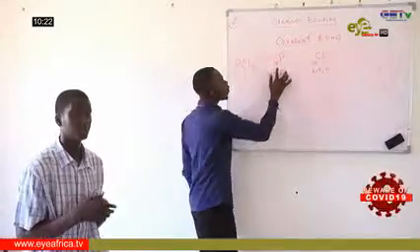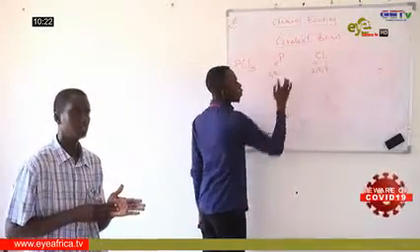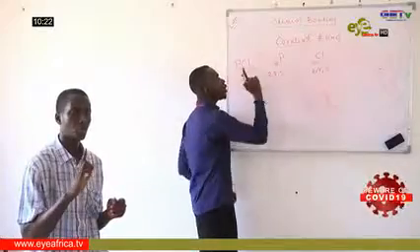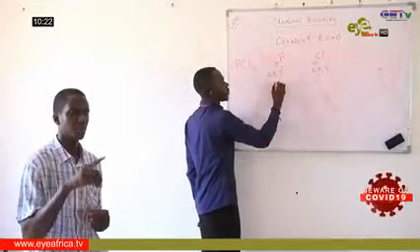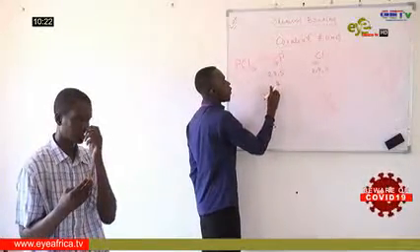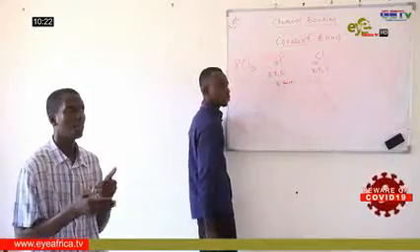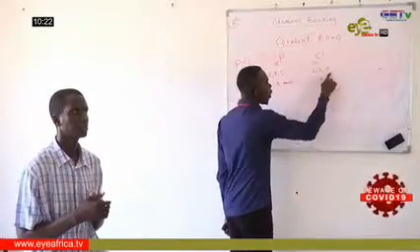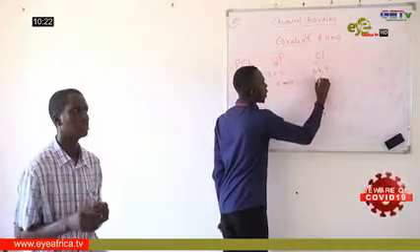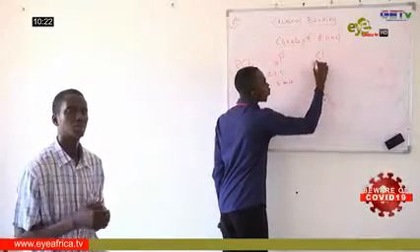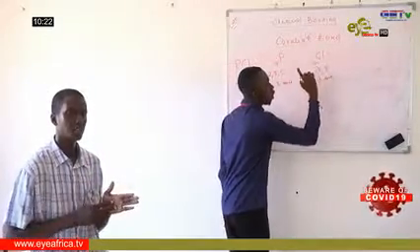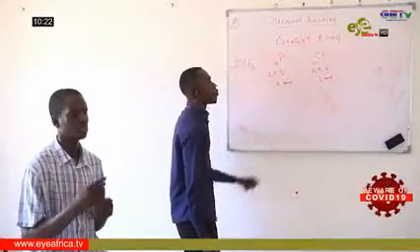So, phosphorus needs to bond with chlorine. The valency of phosphorus is 3, which means phosphorus needs 3 more electrons. Do you understand? The valency of chlorine in this case is 1, which means chlorine needs 1 more electron to be stable.